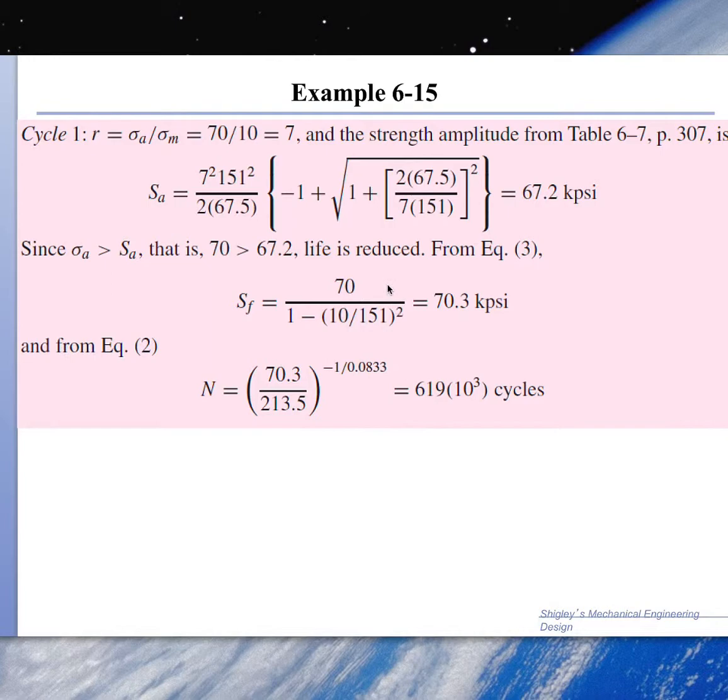And to design for finite life, again, we calculate the sigma reversed, which becomes SF: sigma alternating divided by 1 minus the fraction sigma mean over the yield strength of the material, squared, and that gives us 70.3.